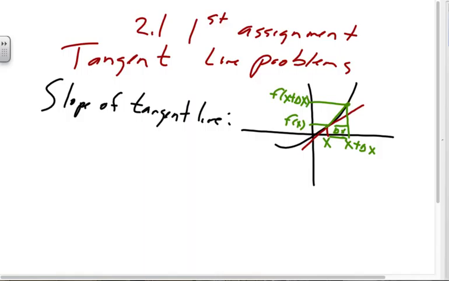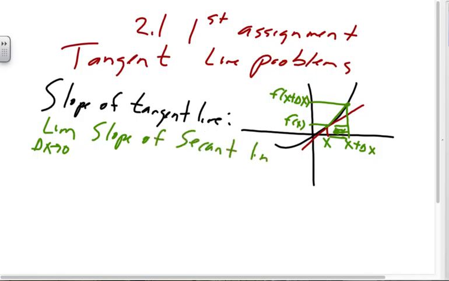Okay, what the slope of the tangent line basically is, it's the limit as delta x goes to 0, which is just what we were talking about here. I want to shrink this point down of the slope of my secant line. Okay, well the slope of a secant line is easy to find.